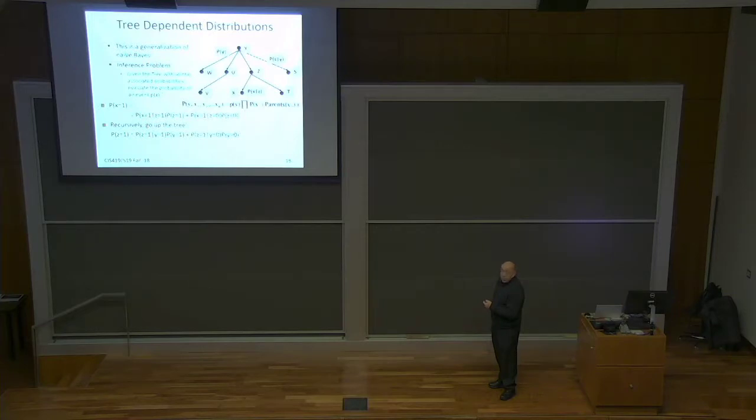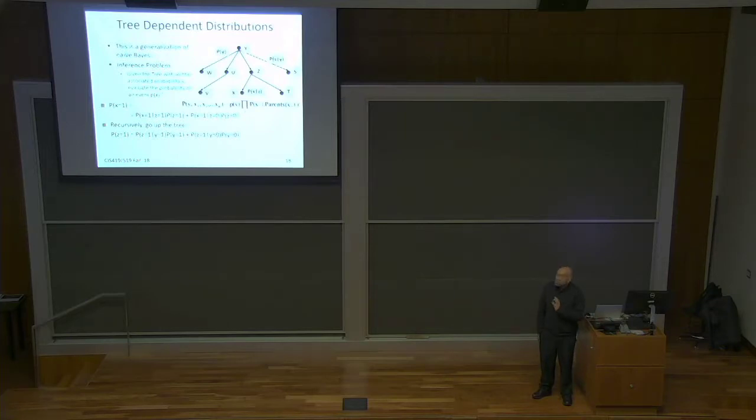I have values for this. It's written in my conditional probability table for the tree, and I just need to figure out P of Z being 1 and P of Z being 0. And I get it from here. Now, I wrote here only the case of P of Z being 1, but exactly the same thing will give you P of Z being 0.